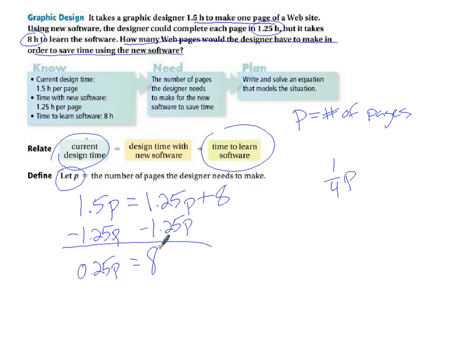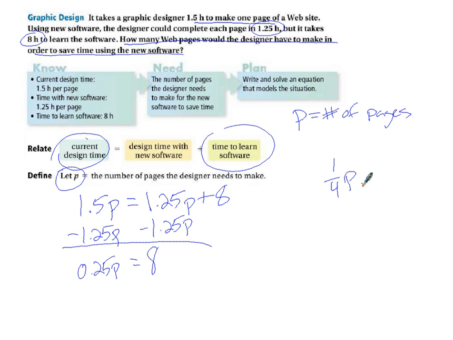Just 8. So now how could I get 0.25 P to be just P? Yeah, you could divide by 0.25. Would that be fun if you don't have a calculator? Right. Think about this. The 1/4 P. How could I get P by itself if I'm using 1/4 instead?